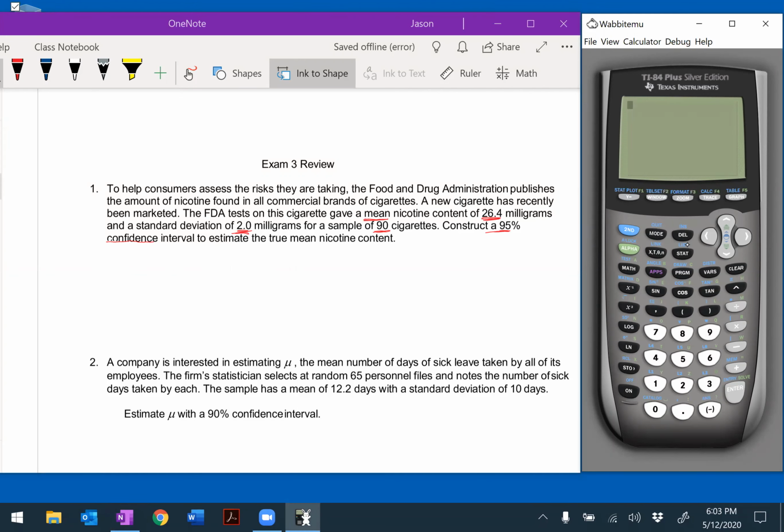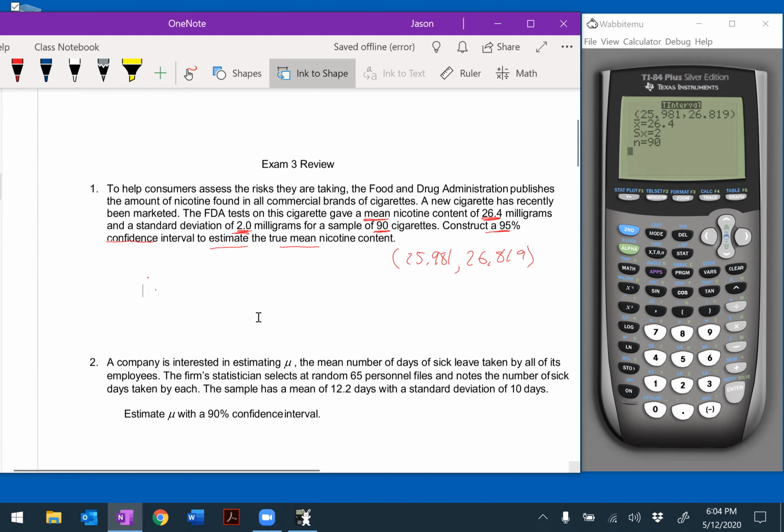The confidence level is 0.95, and I hit calculate. It gives me an interval of 25.981 and 26.819. That means that I am 95% confident that the true mean is somewhere between these two numbers. The true mean, that's what we're estimating. We're estimating the true mean for the nicotine content.